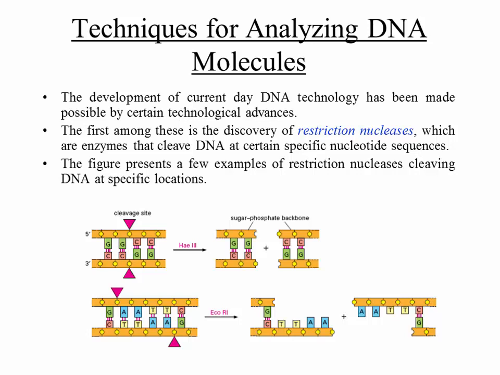For example, if you have the restriction enzyme HaeIII and the sequence GGCC, then it is going to cut between GG and CC. On the other hand, if you look at EcoRI, and you have the nucleotide sequence GAATTC, it is going to cut it in this fashion.